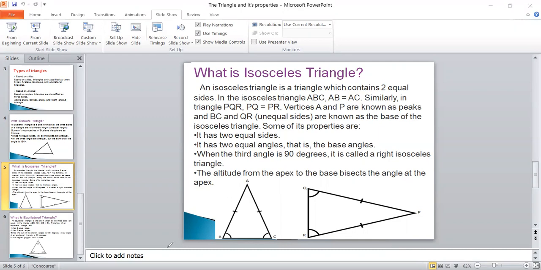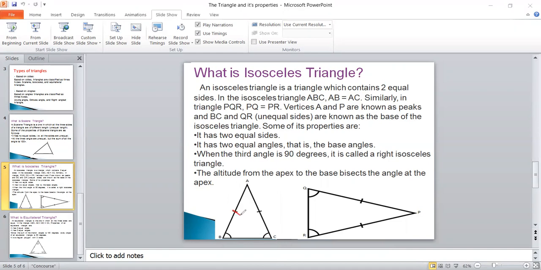Now the second property is it has two equal angles, that is the base angles. Definitely if two sides are equal, then the angles will also be equal. But which two angles would they be?